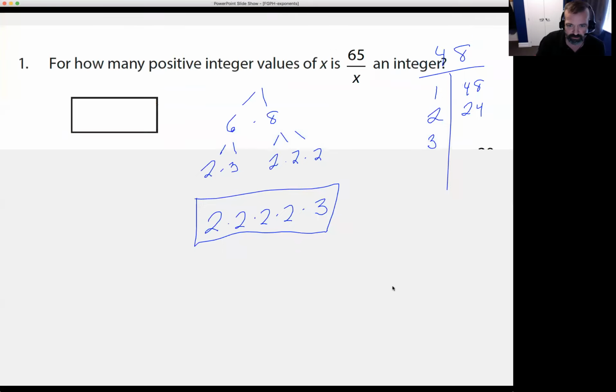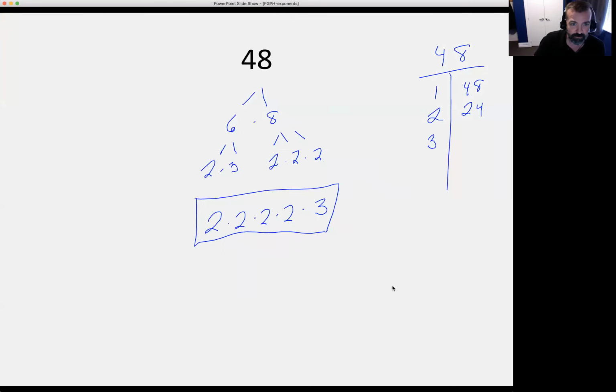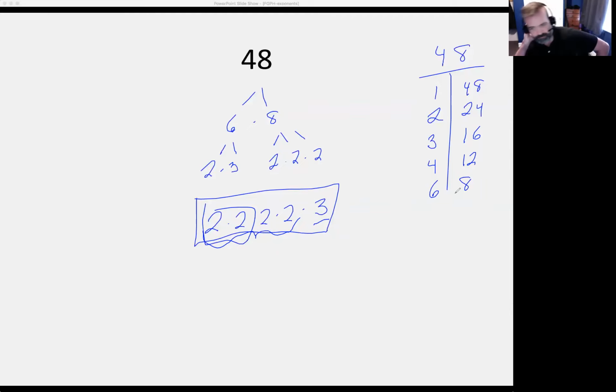Let me go back a little bit. There we go. I got 2 times 2 times 2 times 3 equals 48. One of the ways you can figure out the other factor is I know it's 3 times all of this, and 2 times 2 times 2 is 16. So it would be 4 times everything else that's left. 2 times 2 times 3 is 12. 5 and nothing, 6 and 8, and I've wrapped around.